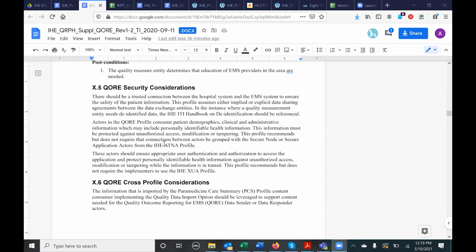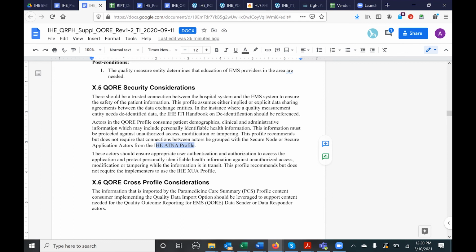Right in the middle of the screen is this ATNA profile, audit trail and node authentication profile. In there is an audit trail specification for any security or privacy or operational kind of auditing.